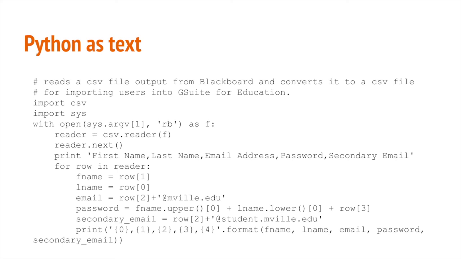Under the with statement, the third line in the program that's not a comment line, with open sys.argv1, you see everything under that is indented. That means that everything that is indented under the with belongs to the with. It's a block.